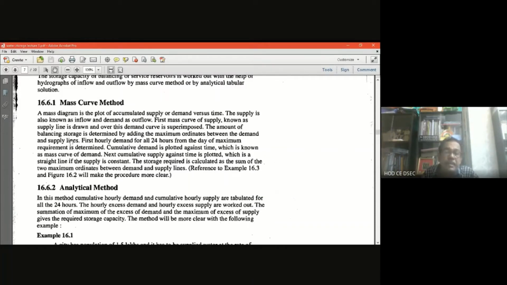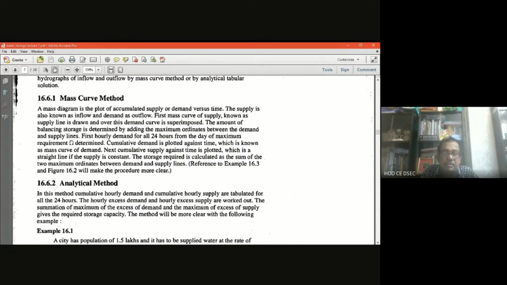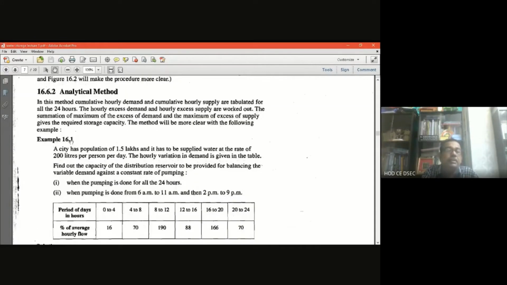Then cumulative demand is plotted against time, which is known as the mass curve of demand. Next, cumulative supply is plotted against it, which is a straight line, as I have told you, because supply is constant and demand is generally a fluctuating curve. And the storage required is calculated as the sum of the two maximum ordinates between the demand and supply lines. That is the basic theory I must tell you before solving the problems.